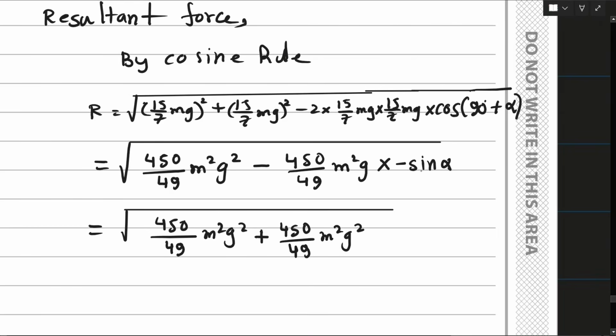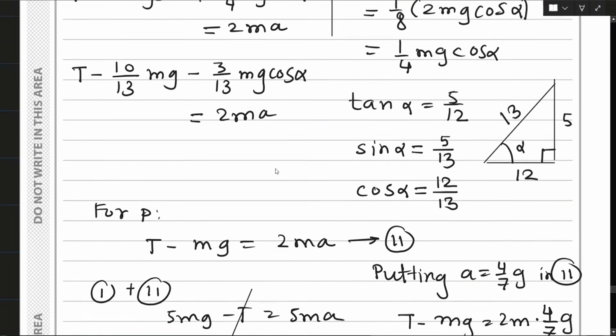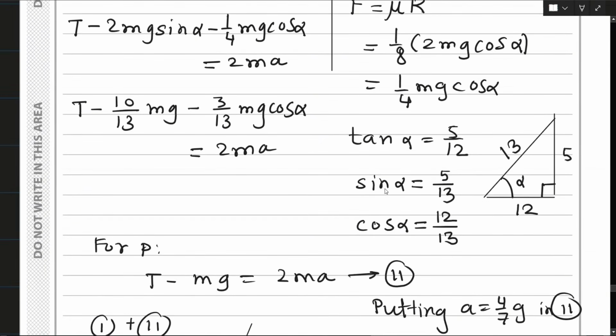So see, we have sin alpha here. We already know the value of sin alpha from the previous parts of our question. We used the triangle to find out the value of sin alpha, cos alpha, and tan alpha was already given. So we can use one of these values, especially the sin alpha one, to calculate this.